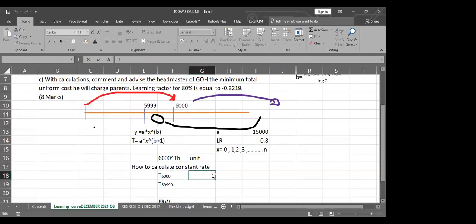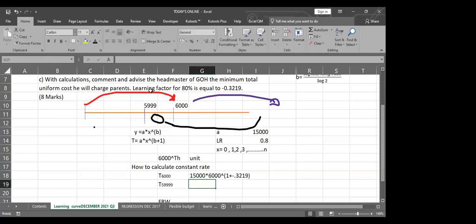How? We can calculate it by taking 15,000 multiplied by 6,000 raised to 1 plus negative 0.3219.